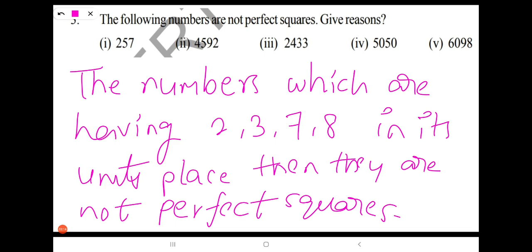Okay, so by this property 257, 4592, 2433 and 6098 are not perfect squares. Okay, right. So 1, 2, 3, 5 is over.